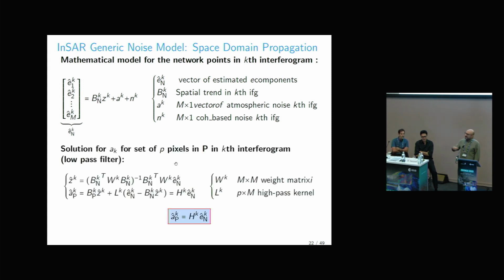Then we can do again the same filtering approach. Here also, there are some kernels involved, also in time. I forgot to say that here the vector L is a kernel in space. Also, we have another kernel in time. Then again here, we can write, in each interferogram, the estimated low-frequency corrections, that is mainly atmosphere, as a linear relationship to En.